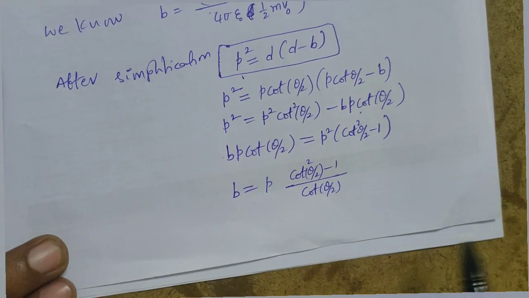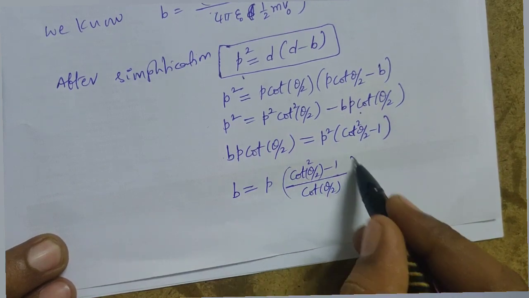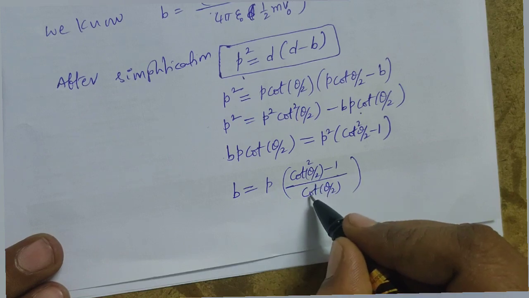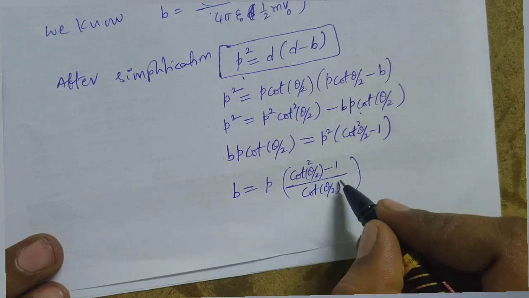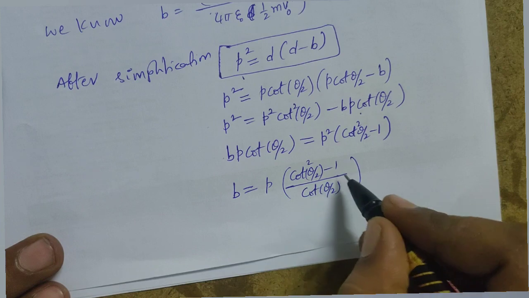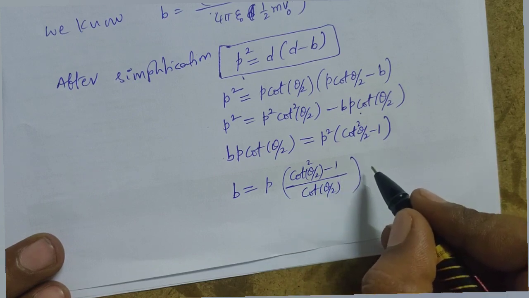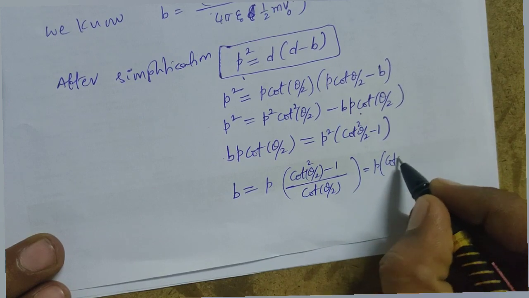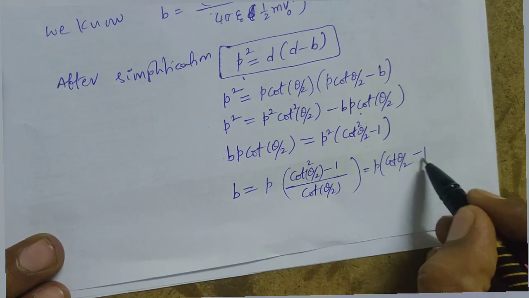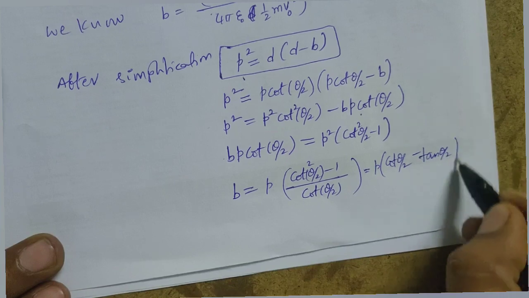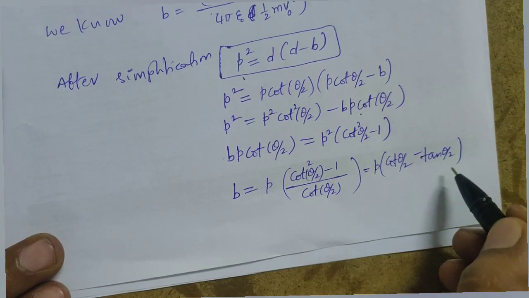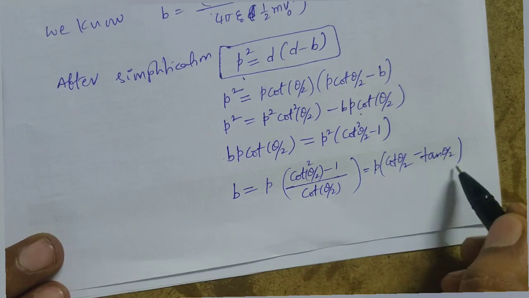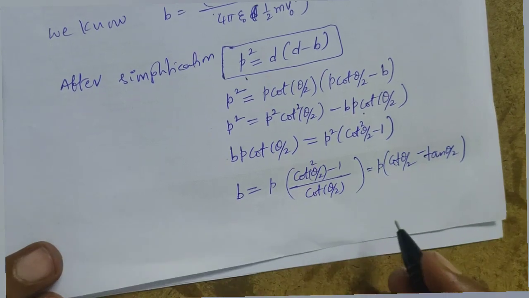Cot theta by 2 minus tan theta by 2 will come, B into cot theta by 2 minus tan theta by 2. You write cot as cos by sin and tan as sin by cos, cross multiplied, and all those things.